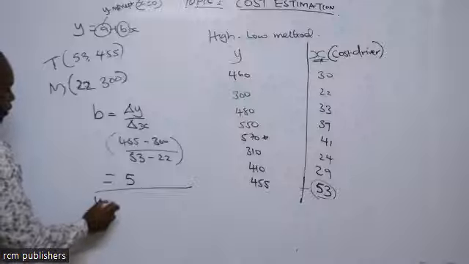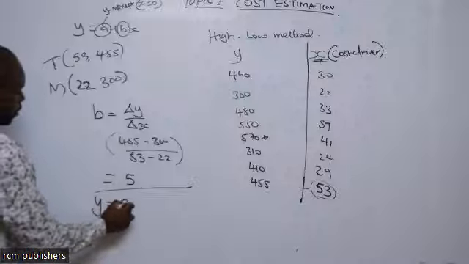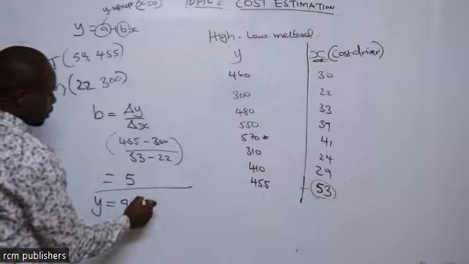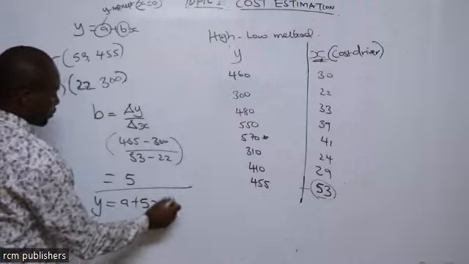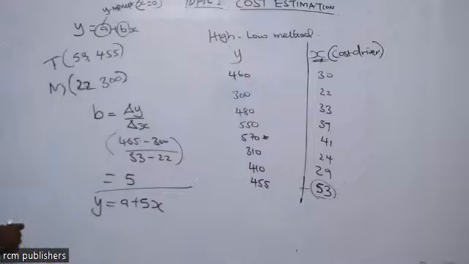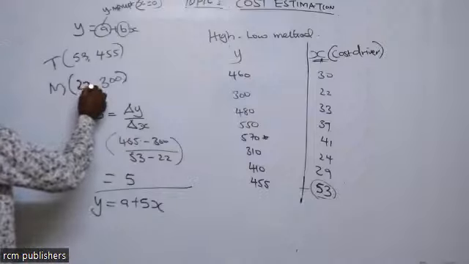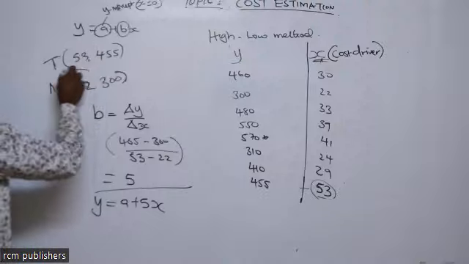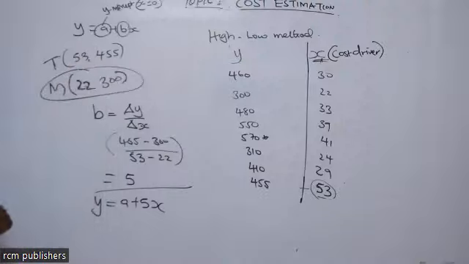Y is equal to A plus BX. B is 5, X. We take any pair, either this or this one here. So let's pick this one this time round.